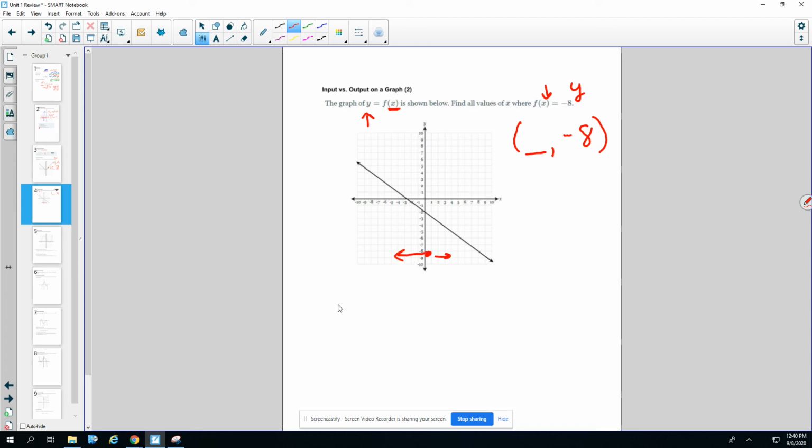So looking at this, that's the point positive 8, negative 8. That's the number I fill in. So the answer to this, the value of x that makes f of x equal to negative 8, or y equal to negative 8, is 8.